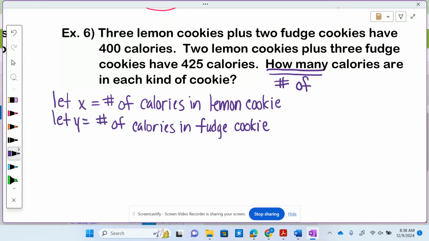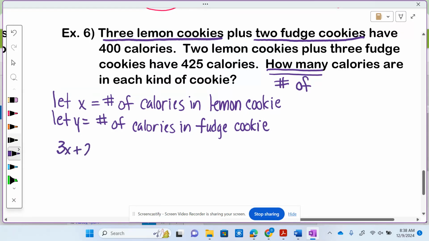So what do you think our first equation could be? X plus Y equals 400. Read that again. Look at what I have underlined. 3x plus 2y equals 400. Okay. And then what's our next equation going to be?